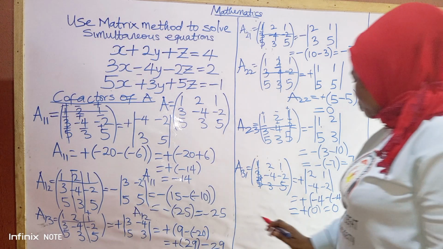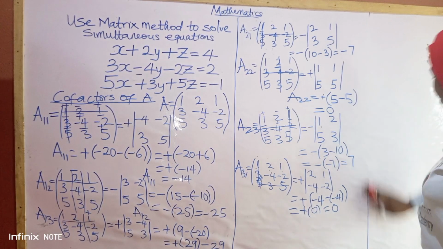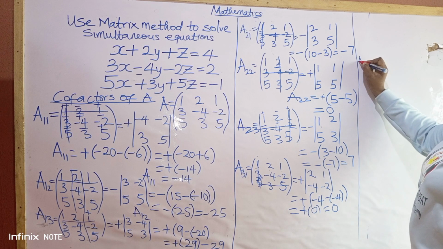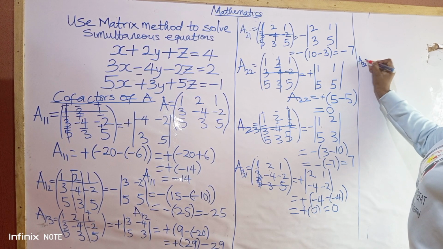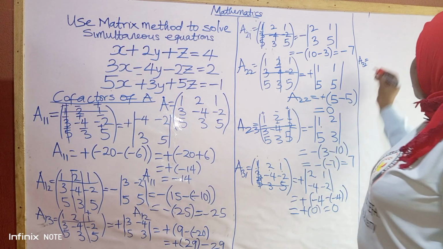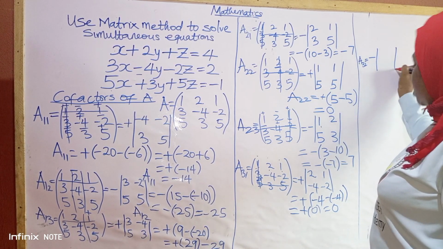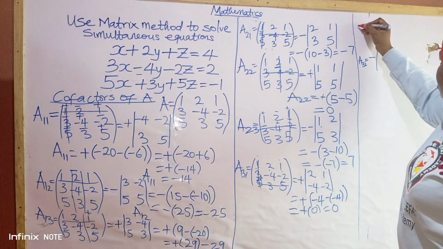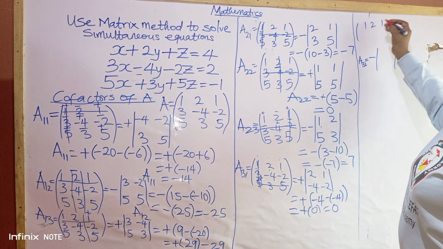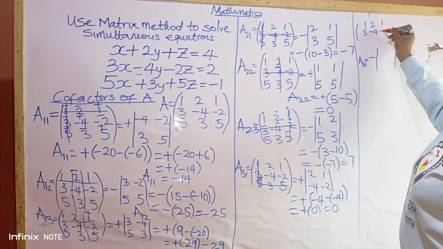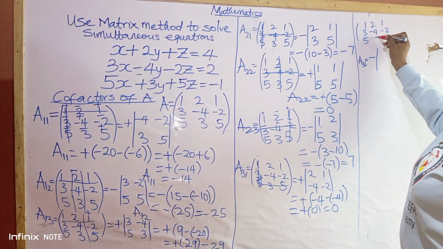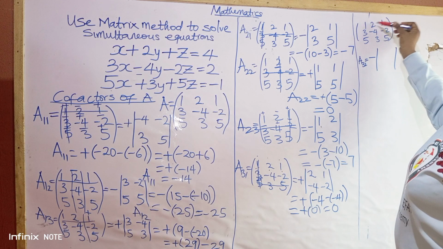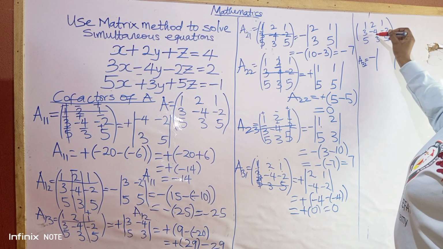So here A32. So that will be minus. So the determinant, if I cover it like this, so let me write 1, 2, 1, 3, minus 4, minus 2, 5, 3, 5. Here is A32. So this is plus, minus, plus, minus, plus, minus, plus, minus.